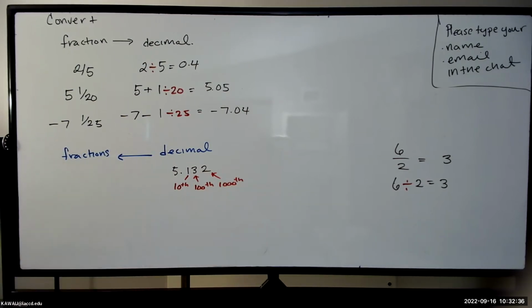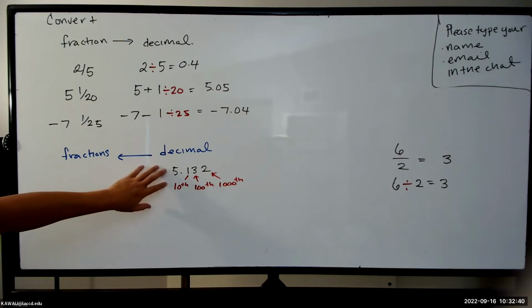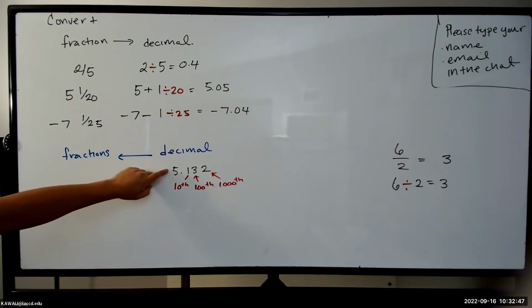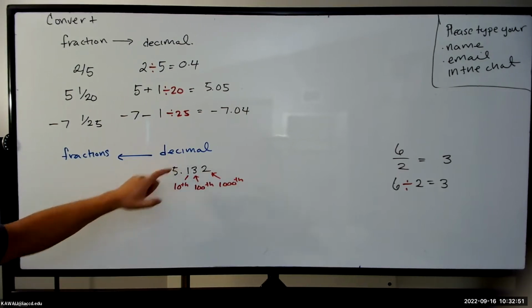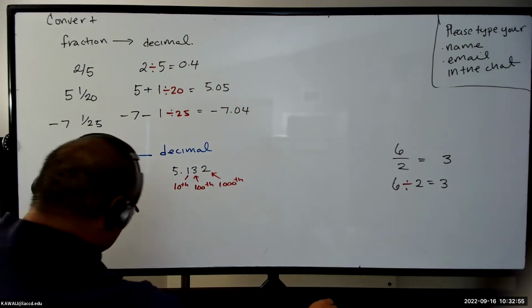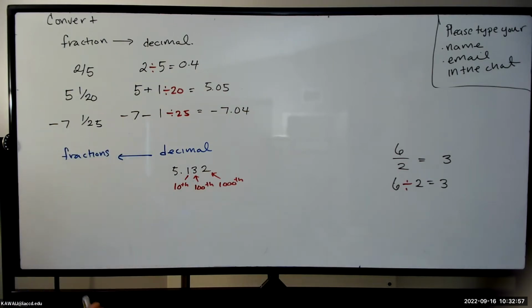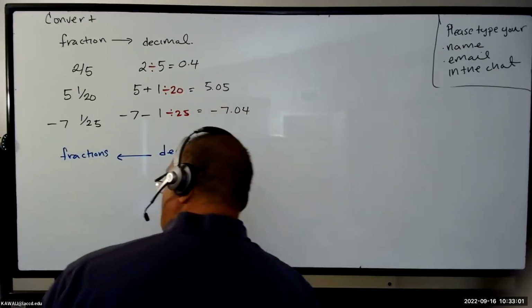Okay. Now remember that we don't have a 1. We have a 1 here, and then we have a 10th, 100th, thousands. We start from 10. Now let's think about the word 10th. What does 10th mean? Okay.